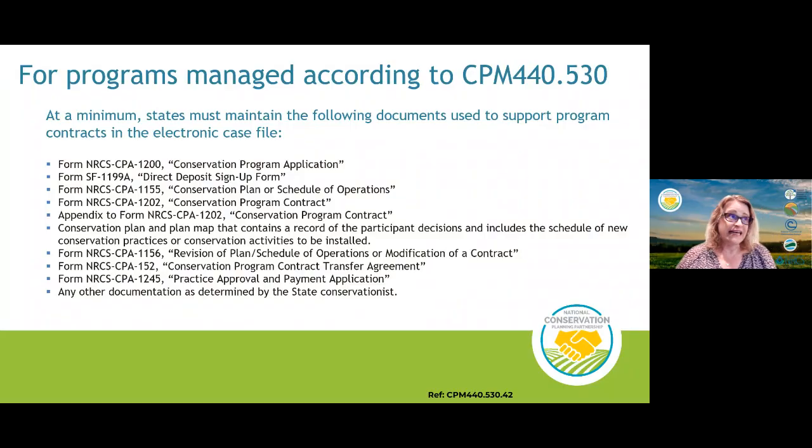This is definitely not a policy discussion, but I couldn't help but put a little bit of policy in there. For programs managed according to 440, Part 440, 530, there are a minimum number of documents that need to be uploaded to an electronic case file.